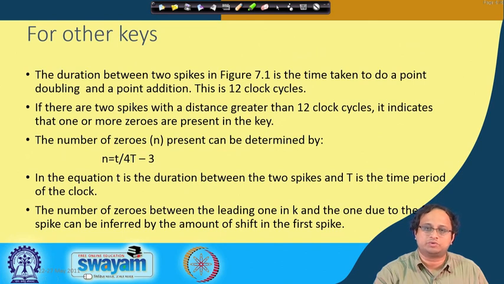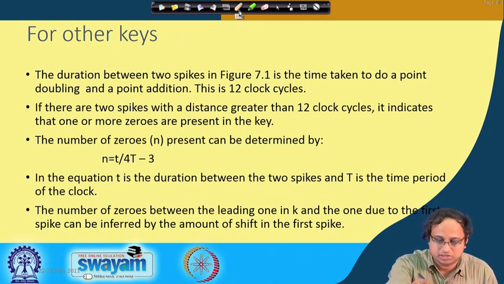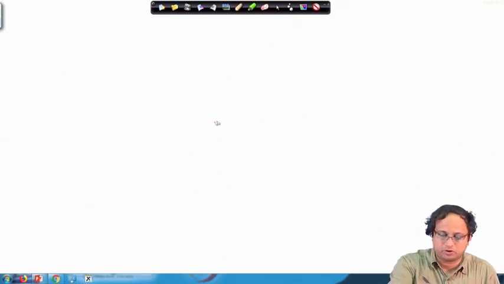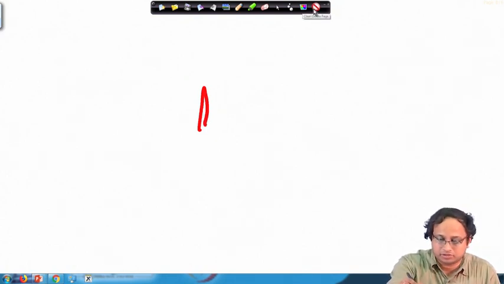The reason you have these spikes is because of addition. You are doing both doubling as well as addition, and that is 12 clock cycles, 4 plus 8. So if there are two spikes with a distance greater than 12 clock cycles, it means that there are interposed zeros in between. What I am trying to say is that suppose you have spikes like, okay, let me clear this up.